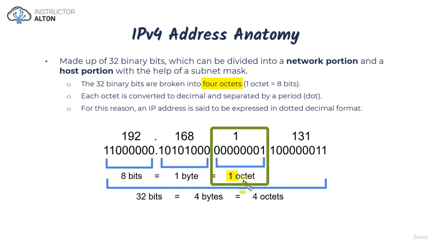And the reason it's called an octet is because each octet has 8 bits. So 1, 2, 3, 4, 5, 6, 7, 8. Each one of these has 8 bits. Now, a byte is also equal to 8 bits, but you typically hear people call them an octet. So 32 bits can equal 4 bytes or it can equal 4 octets.